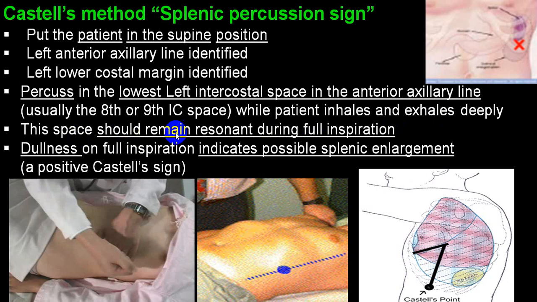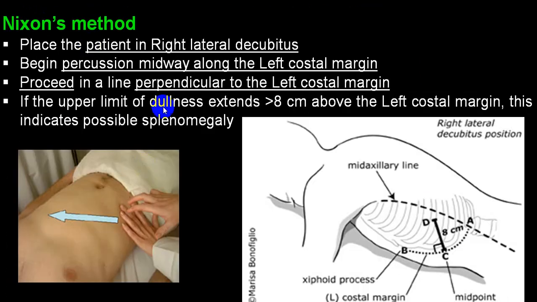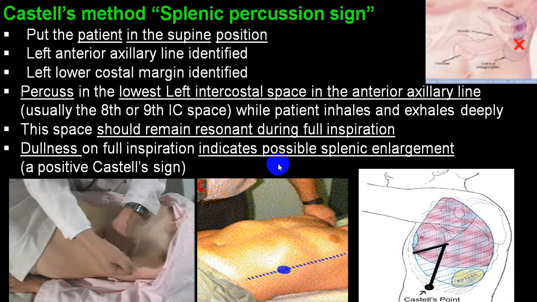By and large, this space remains resonant during full inspiration, but if dullness is there during full inspiration, it indicates the possibility of splenic enlargement. This is a little better than the Nixon method, because if the spleen is enlarged, it moves with inspiration, and you might see a dullness in that area. So that can be very helpful.